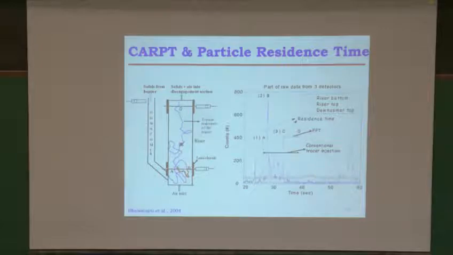So now we're going to perform an experiment using the computer automated radioactive particle tracking system at Washington University. This is done in a riser type reactor in a closed flow system. A radioactive particle is introduced at point A. There's a radioactive detector located here and another radioactive detector at the top. Over here you see the output from those detectors.